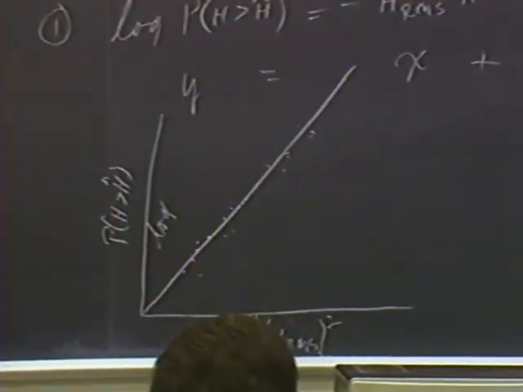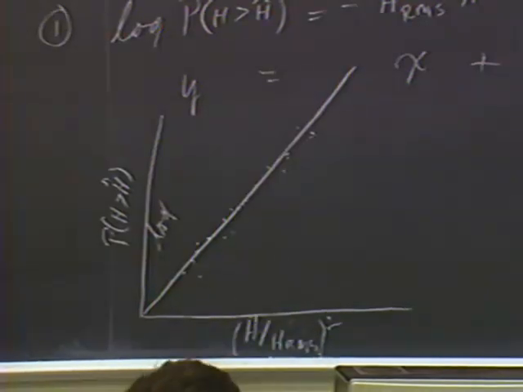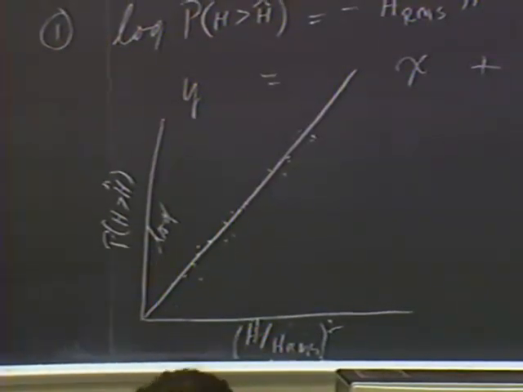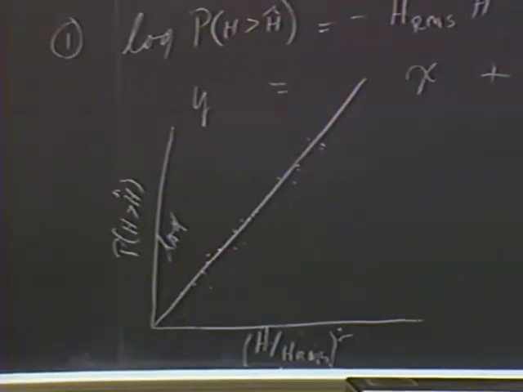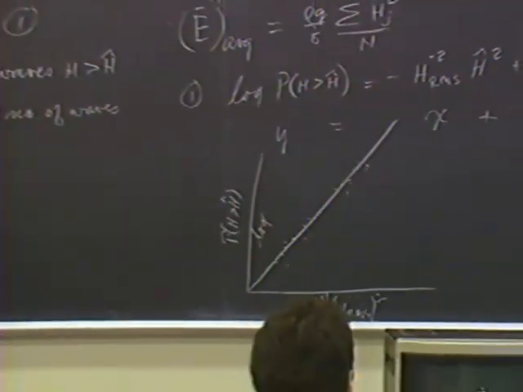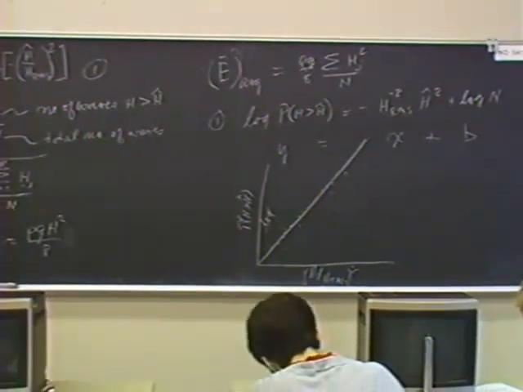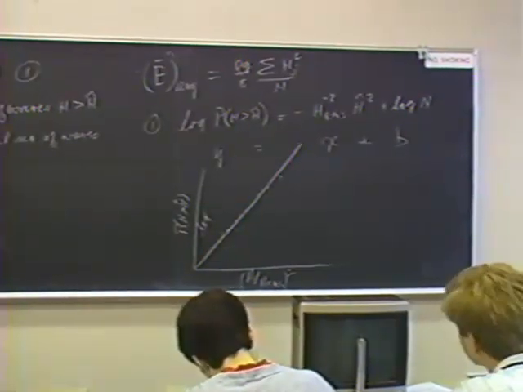Would there be a 2.3 for the conversion of the log of the exponential? It's not a natural log, it's base 10, sure, okay.